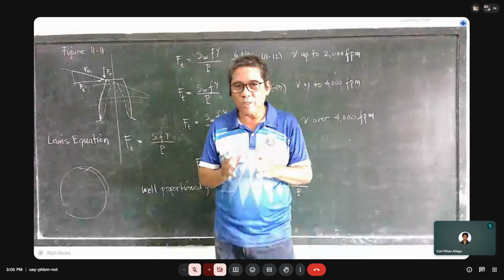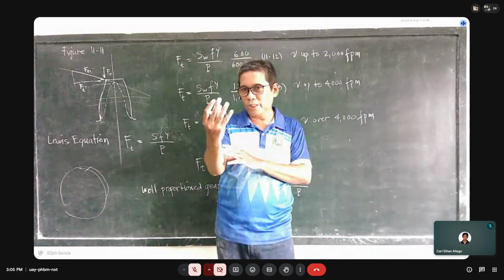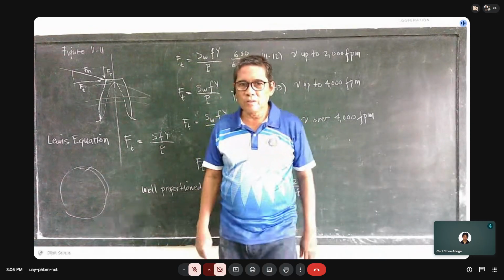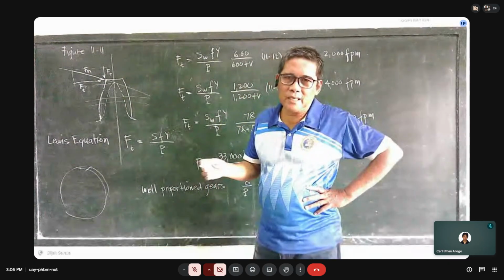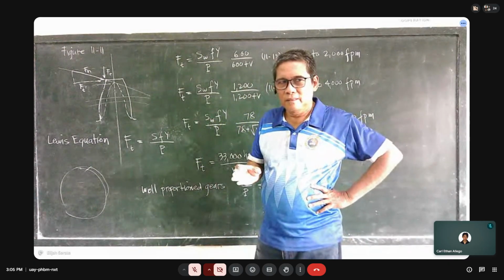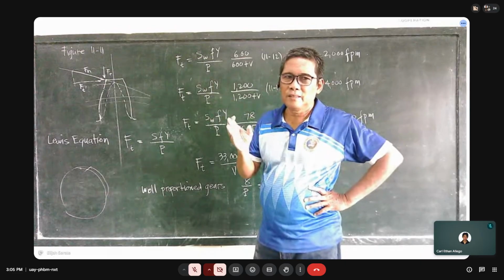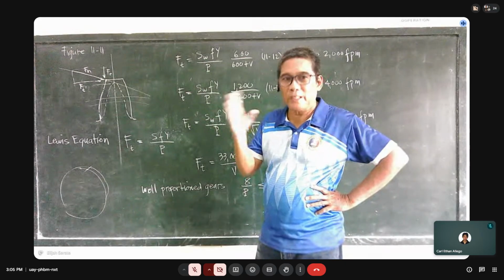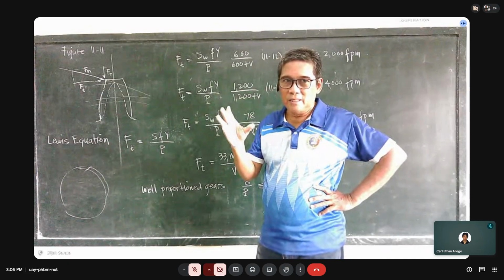If you just take the diameter constant and increase the diameter pitch, you increase the number of teeth.